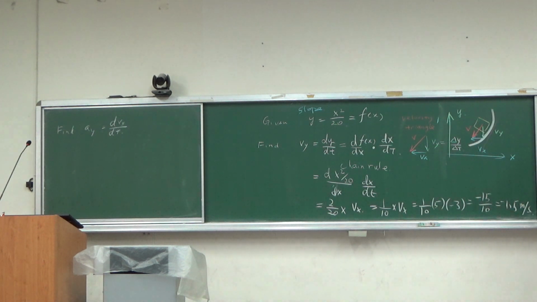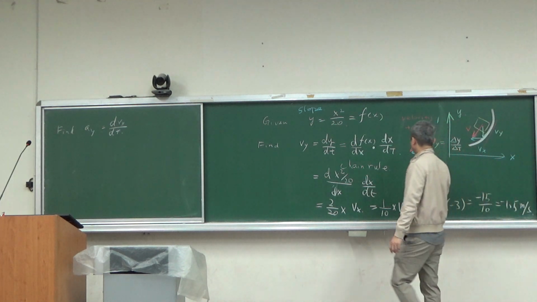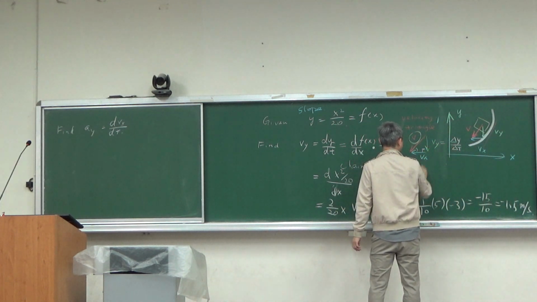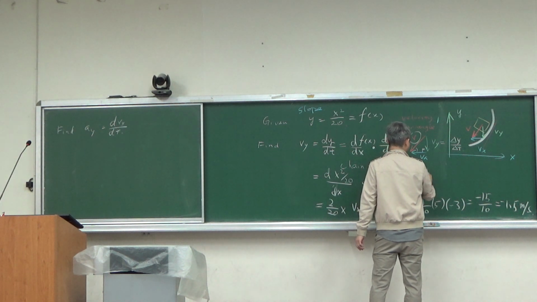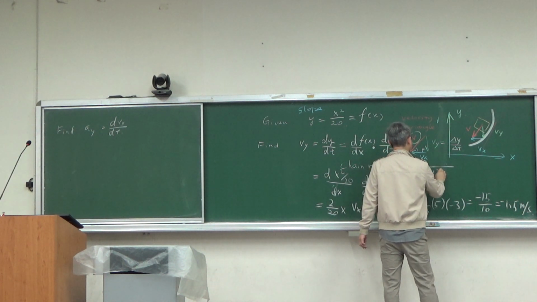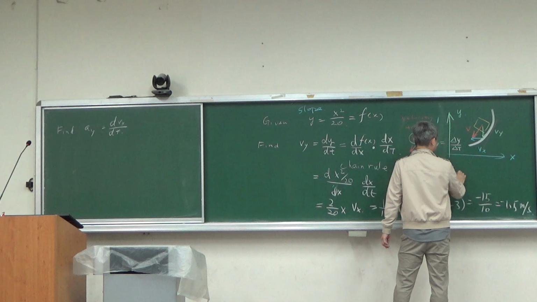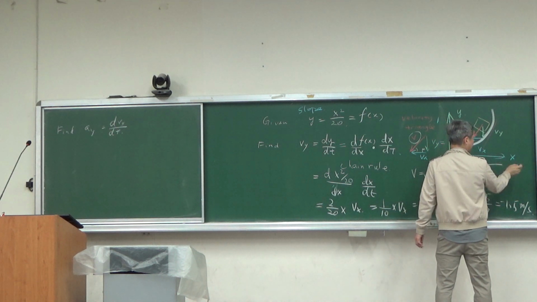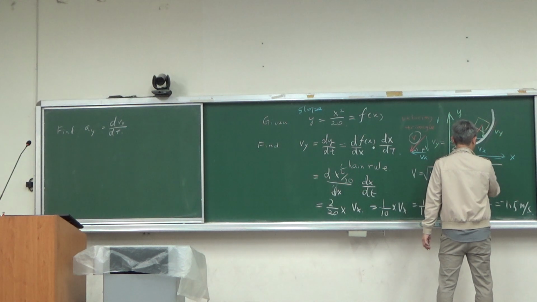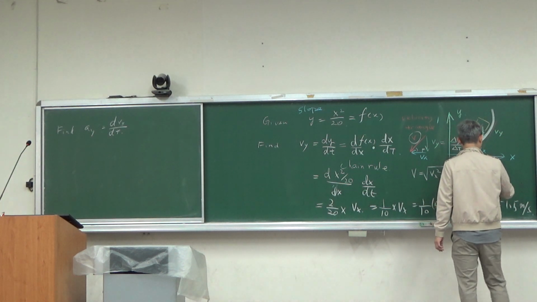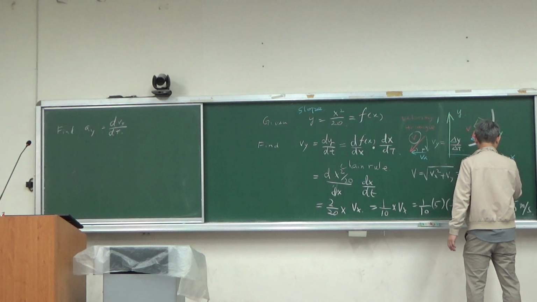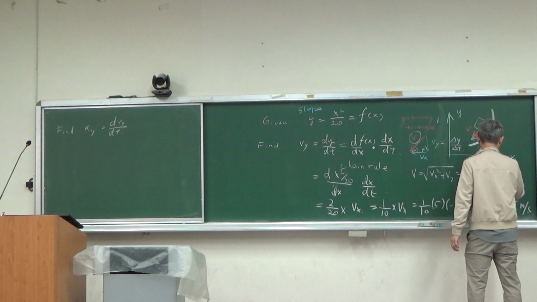Even though the question is asking you to find vx, for the speed we don't know what v is. From the right-angle triangle, you should know v is equal to the square root of vx squared plus vy squared. That is your minus 3 squared plus your minus 2/3 squared.